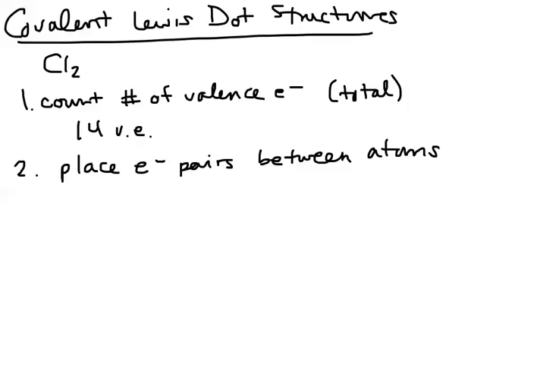One bond is 2 electrons, and the most important thing in forming a molecule is that you actually have bonds. So since in this case we only have 2 atoms, we're just going to place a pair right there. We have our bond.